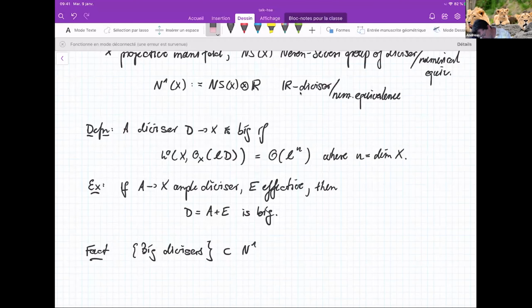So this generates an open cone, which is called the big cone of the manifold X. And then I define Psef of X to be the closure of this cone. Okay, Psef of X, that's the closure of the big cone in my vector space.